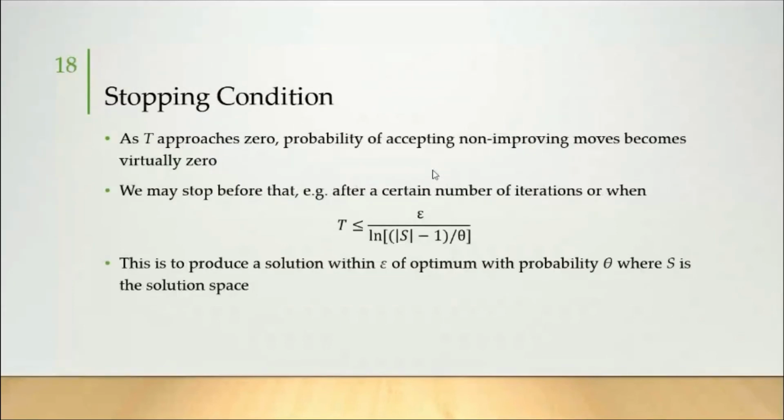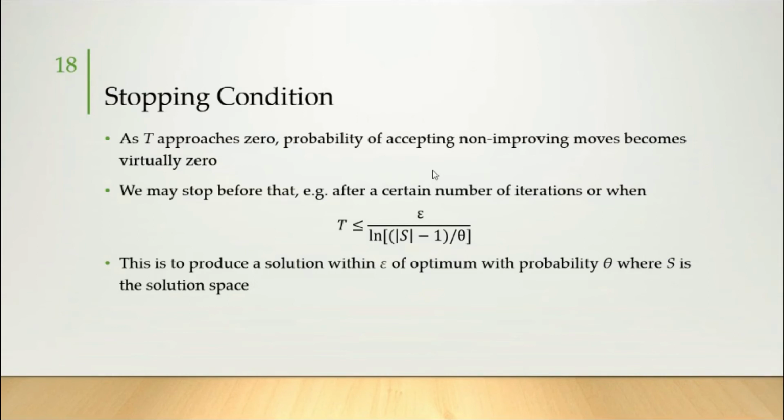The stopping condition: as T approaches 0, the probability of accepting non-improving moves becomes virtually 0. That we have already seen. So we may stop before that, after a certain number of iterations, or when T is less than or equal to epsilon, a very small value: epsilon divided by ln of (modulus of S minus 1, divided by theta).